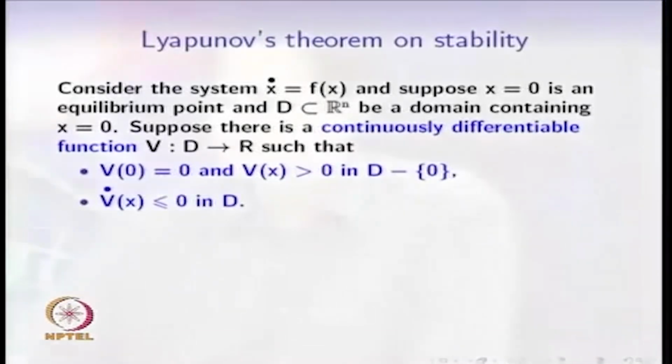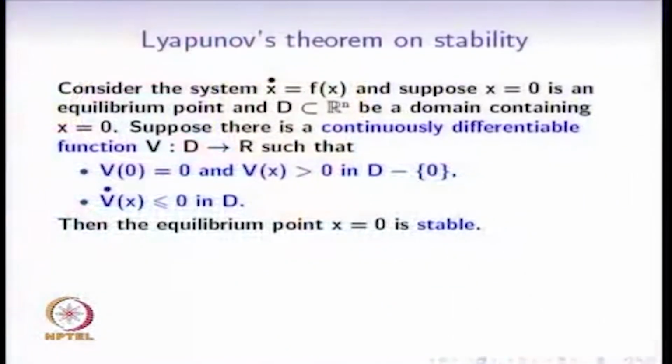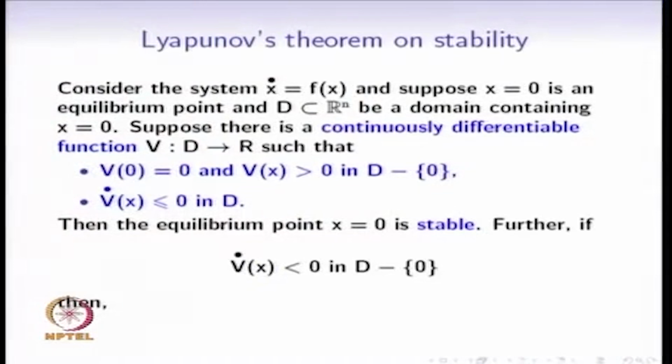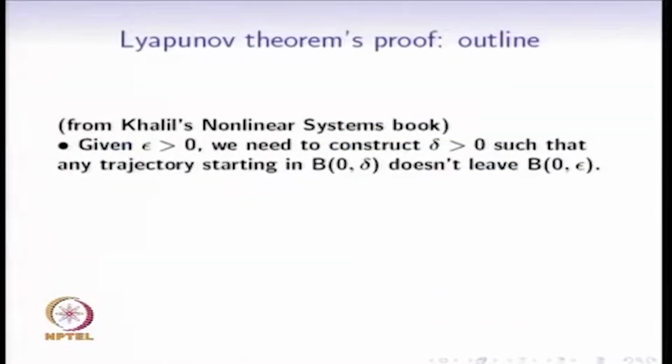It is non-positive in this domain. If such a V exists which satisfies these properties, then the equilibrium point is stable. Further, if the rate of change of V is negative for all points in the domain except the origin, of course, in that case this equilibrium point is not just stable but in fact asymptotically stable.